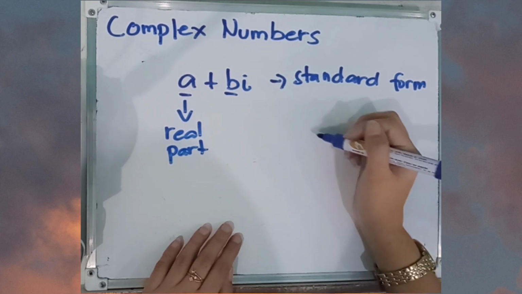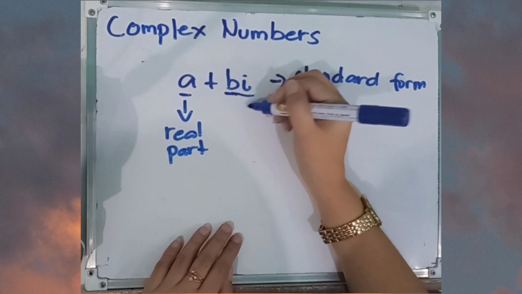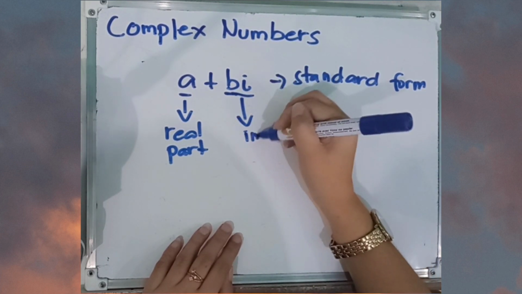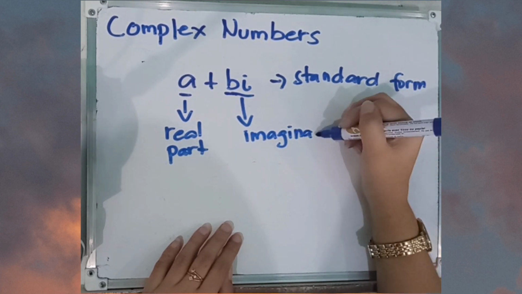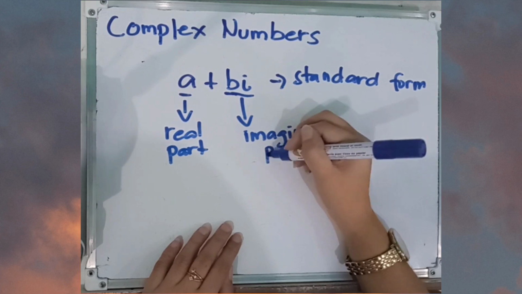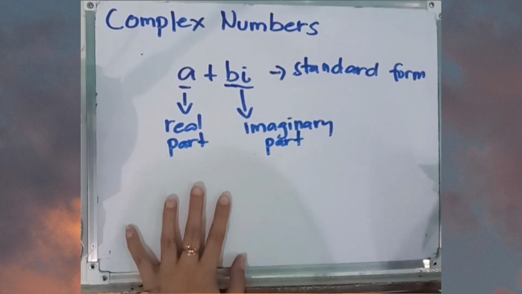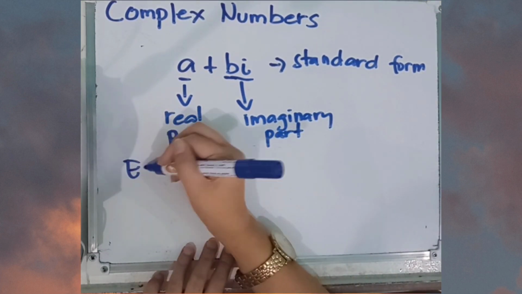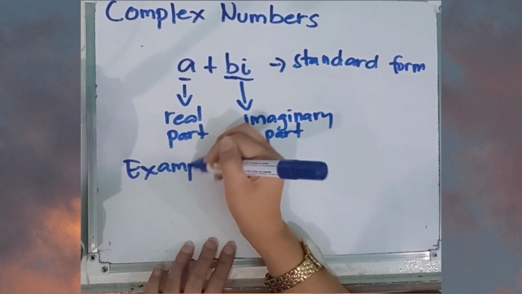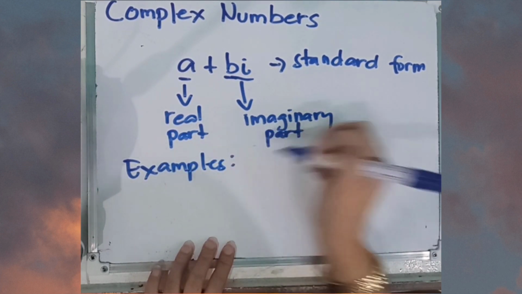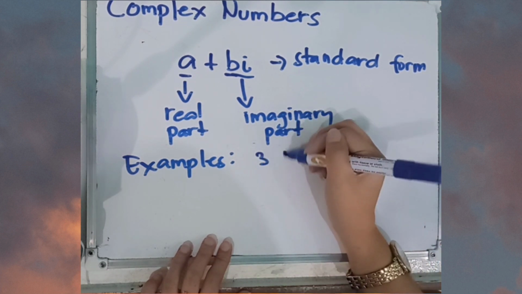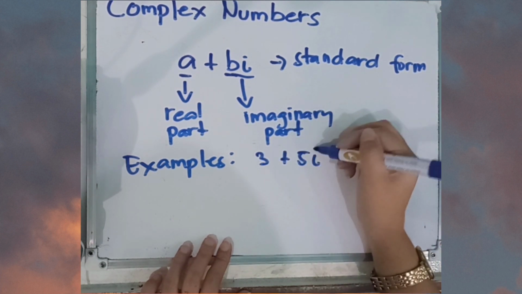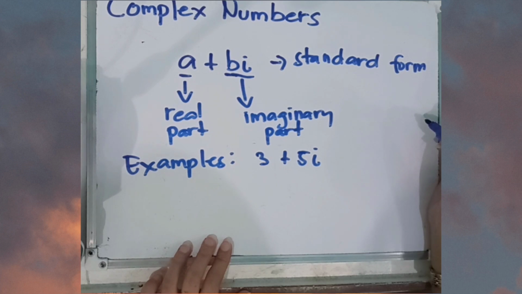and bi is our imaginary part. Let me give some examples. We can have 3 plus 5i. That's an example of a complex number.